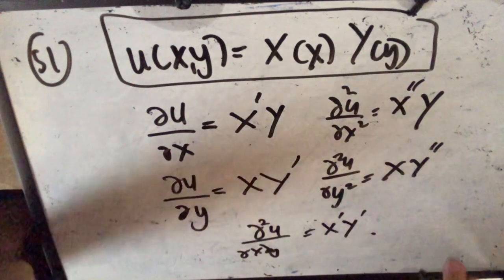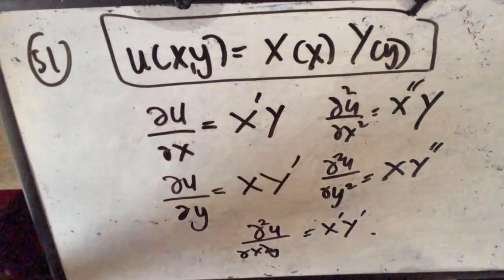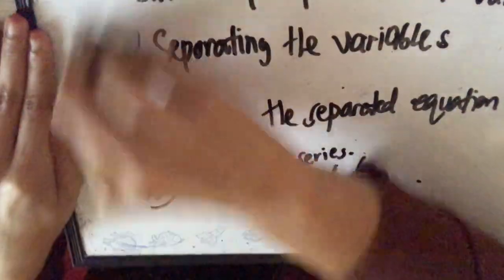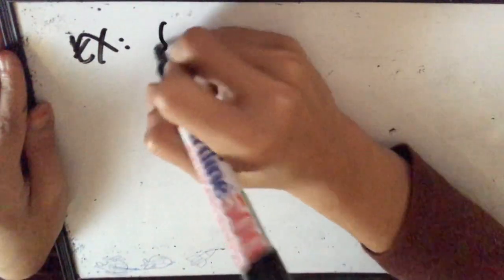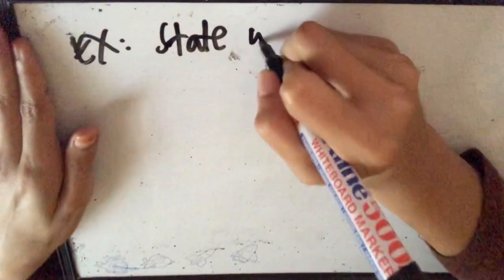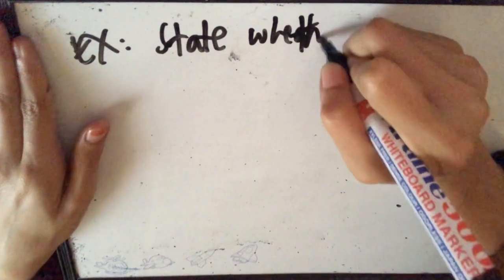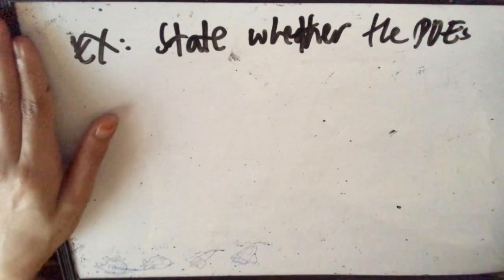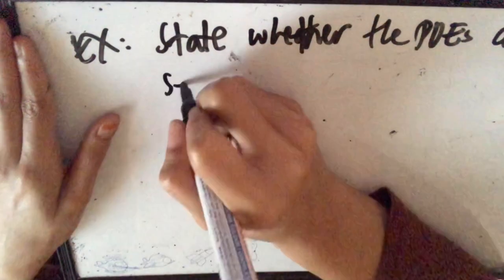After that, I will show the steps using an example, so you can see more clearly. I will erase this first. I will show you what is meant by separating variables. The example says: state whether the PDE is separable or not.